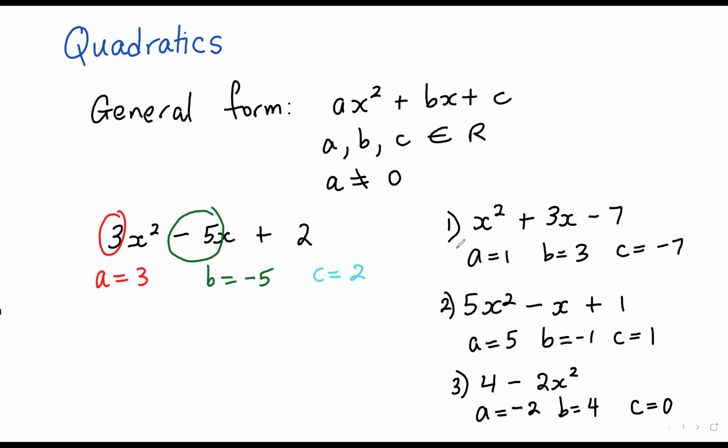So, for example, x squared plus 3x minus 7: a is 1, b is 3, and c is negative 7. 5x squared minus x plus 1: a is 5, b is negative 1, and c is 1. And in this one, 4 minus 2x squared, a is -2, b is 4, and c is 0, right?